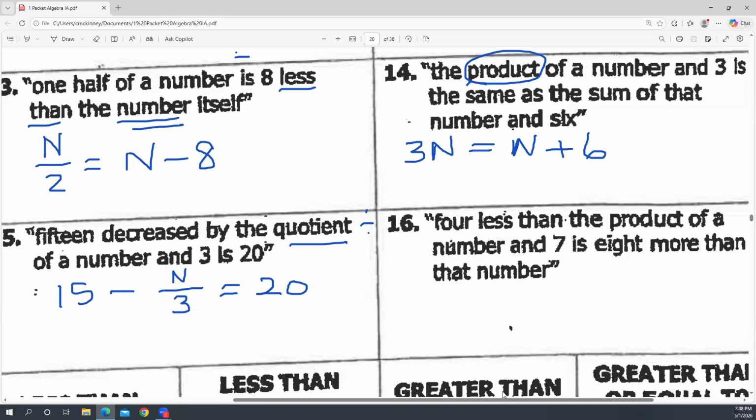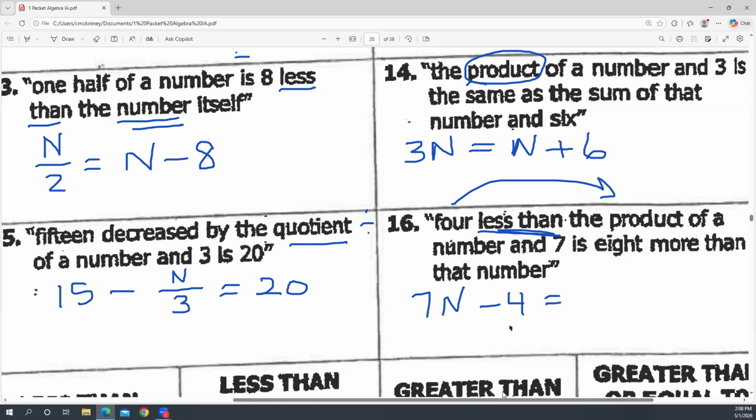Number 16, 4 less than. Okay, less than is a turnaround. So the 4 is going to move out here. So I'm taking 4 away from, what am I taking it away from? The product of a number and 7. So that means 7 times the number. So that's all up till the is.